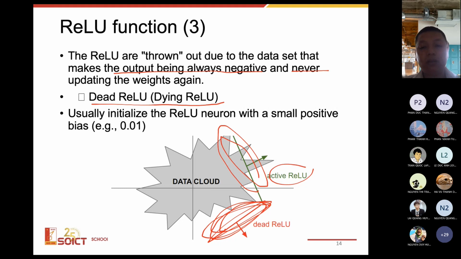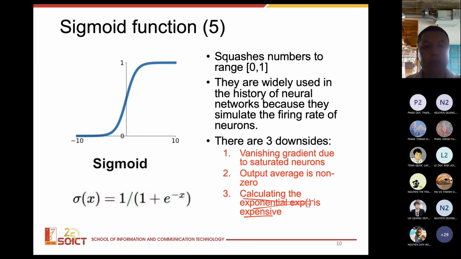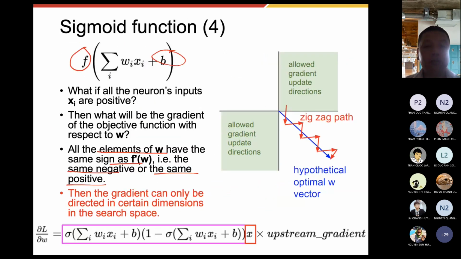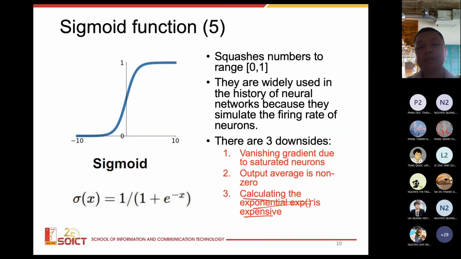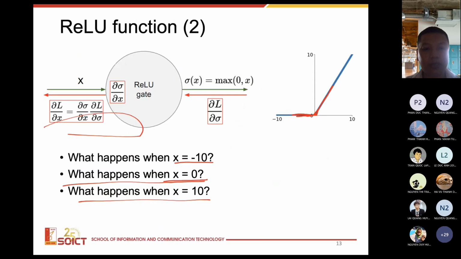So usually, in order to reduce the dying ReLU effect, we can initialize the ReLU neuron with a small positive bias, right? The bias is used in that function in here. It is to make sure that somehow we can reduce the possibility of observing the negative output, right? Okay.